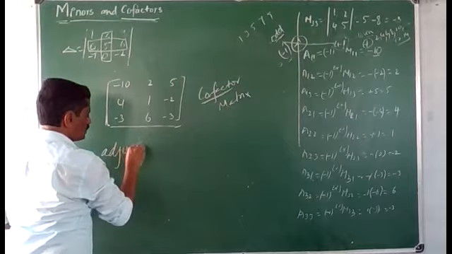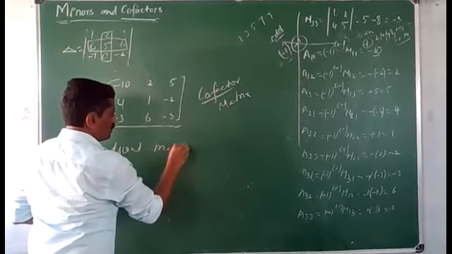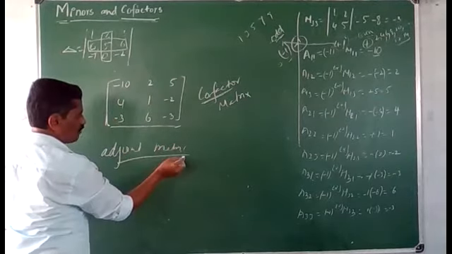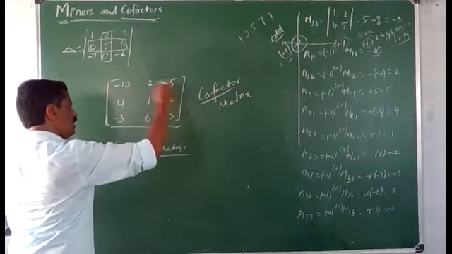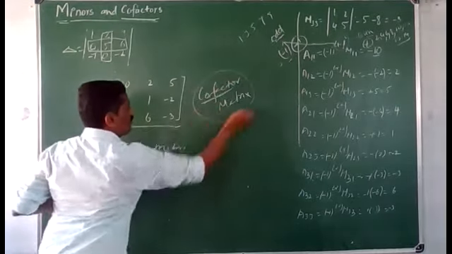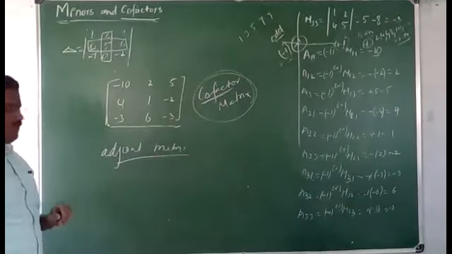Adjoint matrix. Then what is the adjoint matrix? The adjoint matrix is obtained by interchanging the rows and columns of the cofactor matrix.